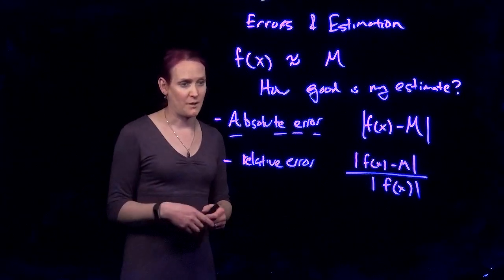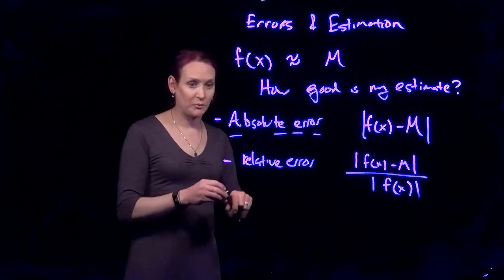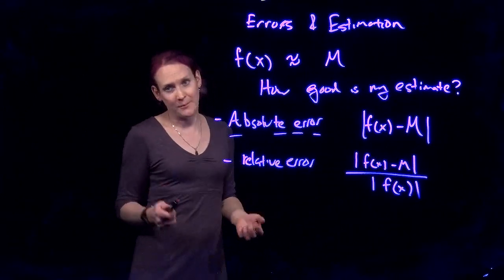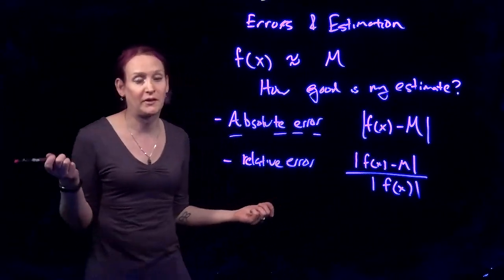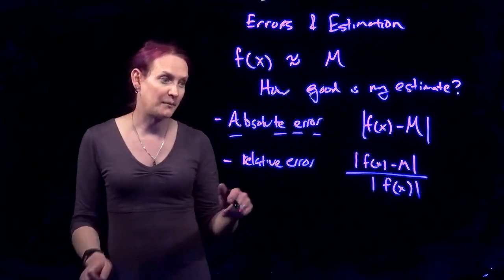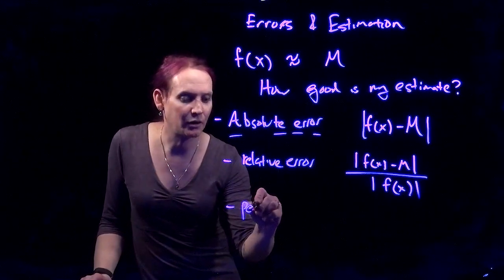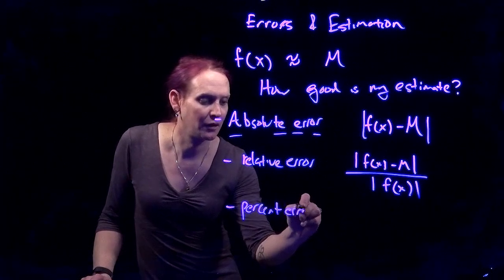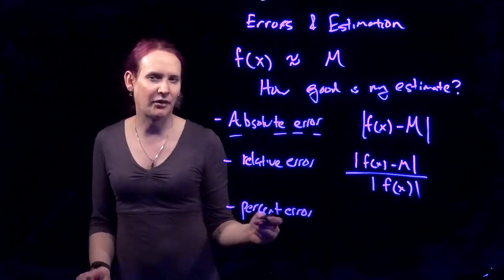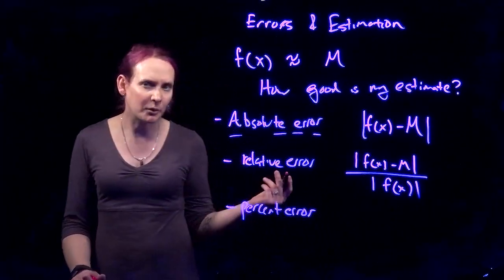And finally, because we really like percentages, I know what 100% is, I know what 50% is, we might want to give the percent error. As a percent of the thing I was trying to estimate, how far off was I?